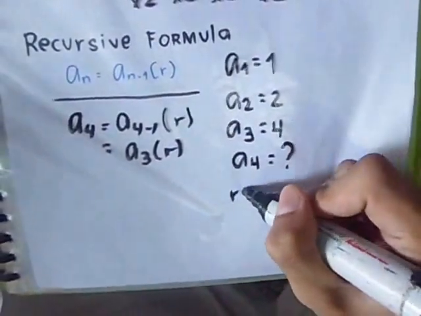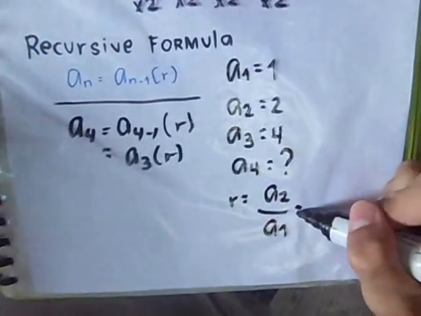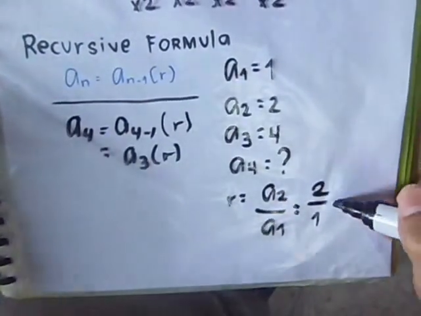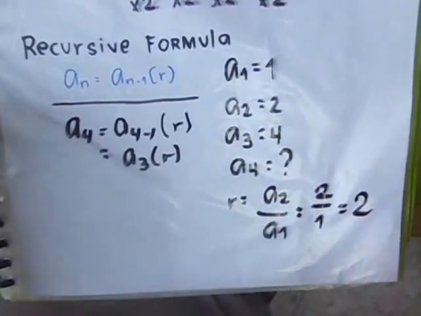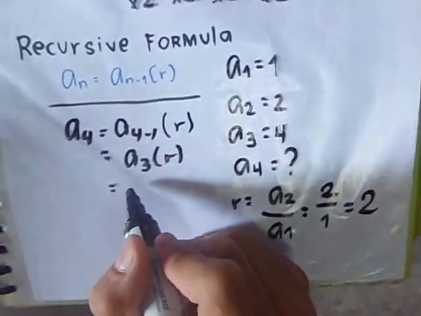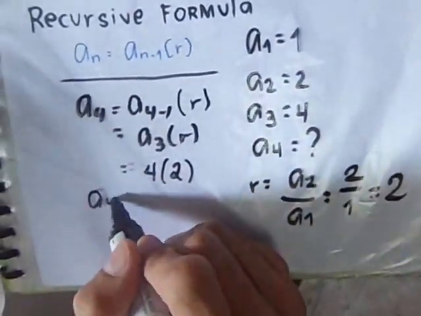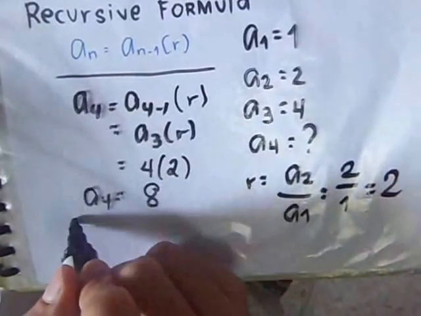Our r is equal to a sub 2 over a sub 1, which is equal to 2 over 1, simply equal to 2. Substituting it here, we have a sub 4 is equal to a sub 3 or 4 multiplied by 2. And we have a sub 4 is equal to 8.